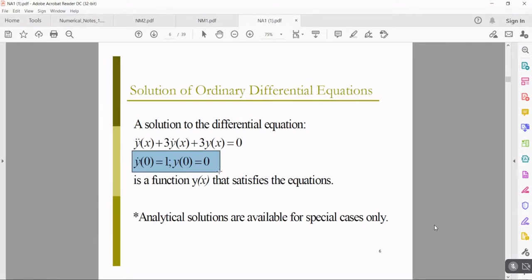There are many non-linear differential equations that you are not able to solve, and their analytical solutions are not yet developed.